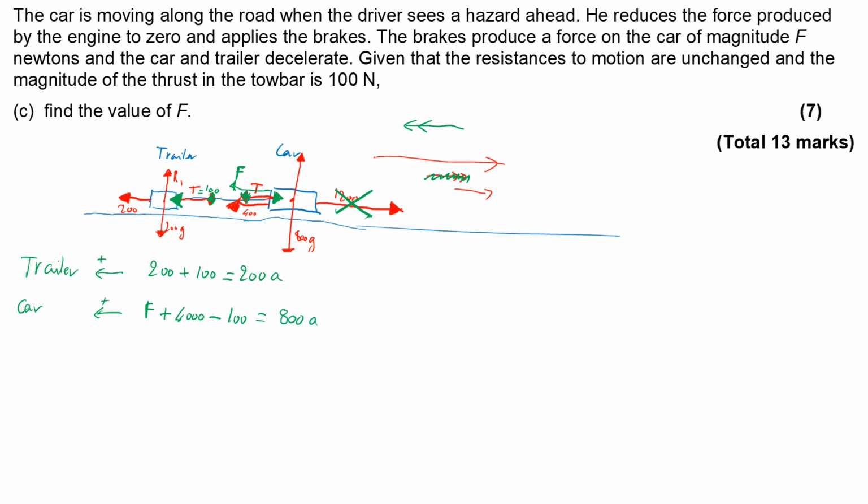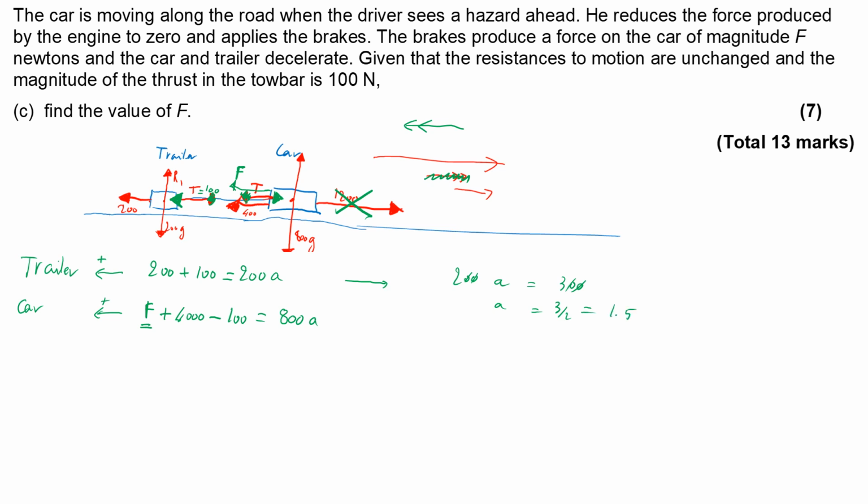What am I looking for? I'm looking for F. I've got two unknowns. I can use my first equation to work out the acceleration. So 200a equals 300 minus 100. So that gives me a equals 3 over 2, which is 1.5.